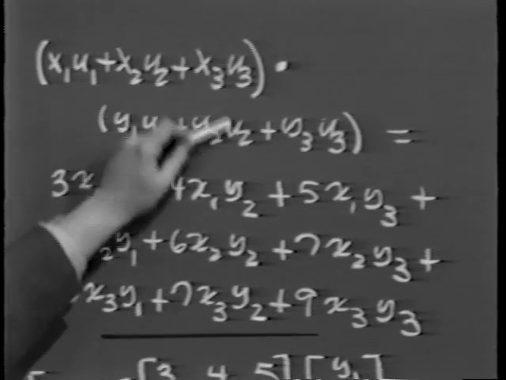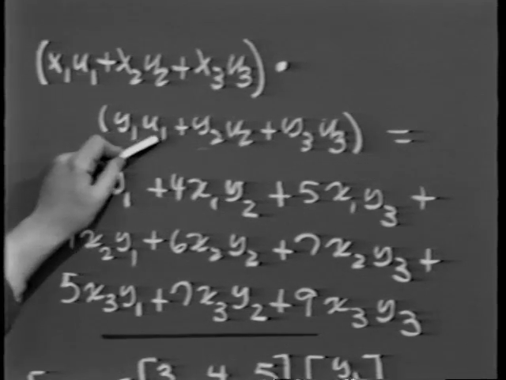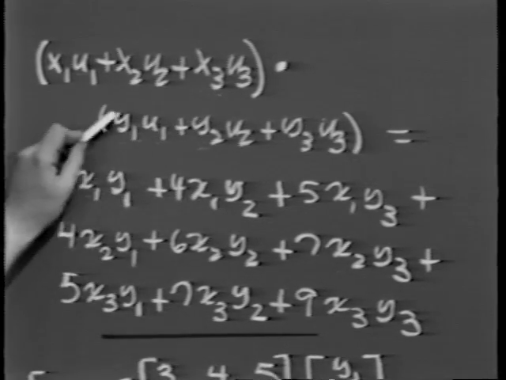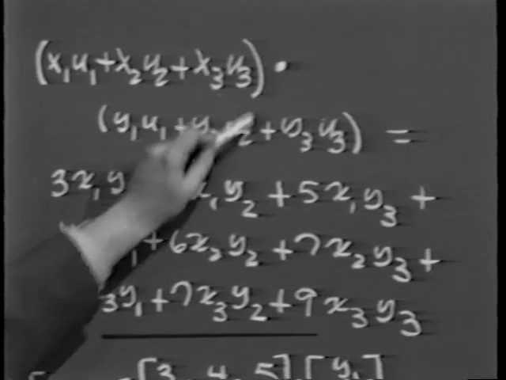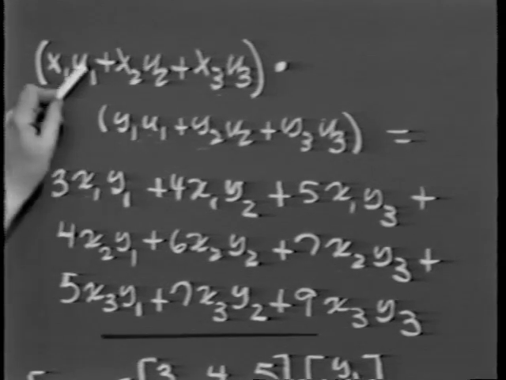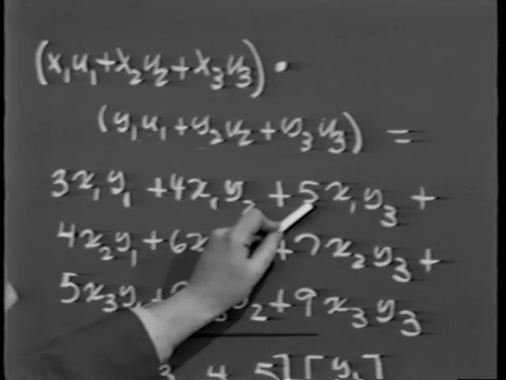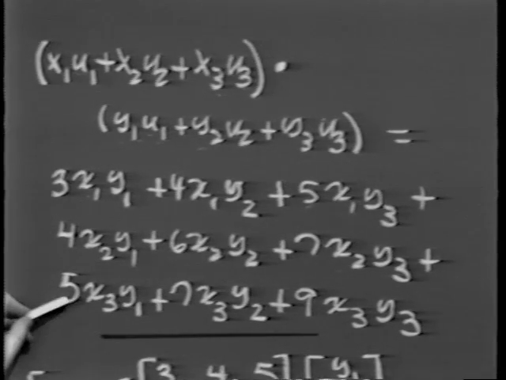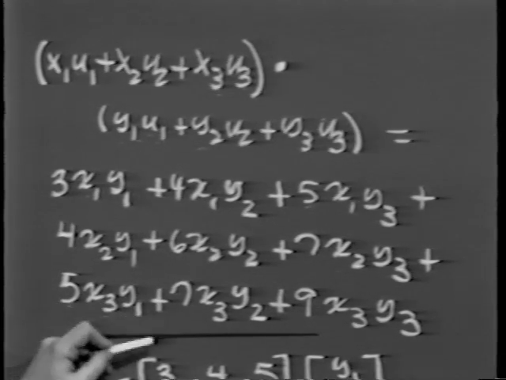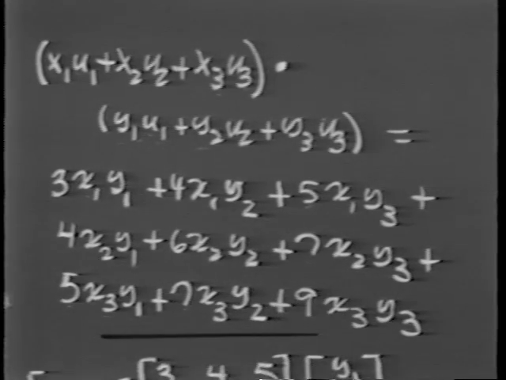Again, just to do this quickly, x3 u3 dotted with y1 u1 is x3 y1 times u3 dotted with u1, and u3 dotted with u1 was given to be 5. In fact, it was the same as u1 dotted with u3 by commutativity, which was also 5. At any rate, I get 5x3 y1 plus 7x3 y2 plus 9x3 y3.